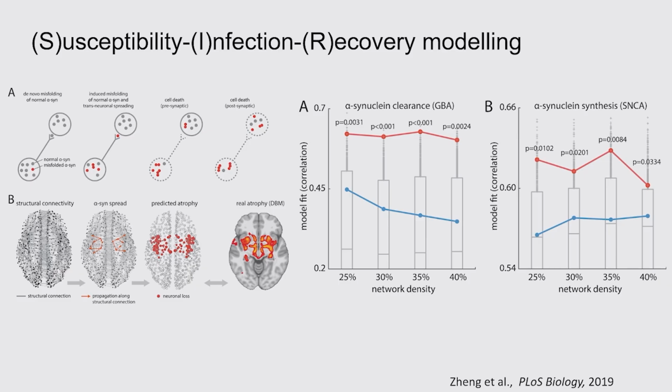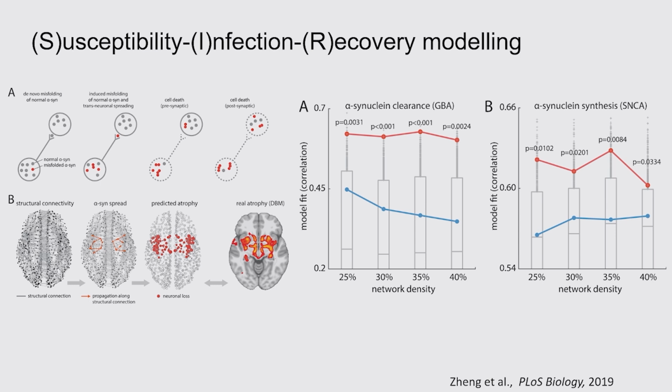So one of the things that we did, again, also introduced by Jake beautifully yesterday, if you were at that talk, is we tried to see if we could adapt tools that were developed for the human to work in our animal model data. Work from Alain Dagher and Bratislav Mišić has shown that in human PD, you can pretty well predict what the atrophy pattern should be based on the structural connectome of the human.